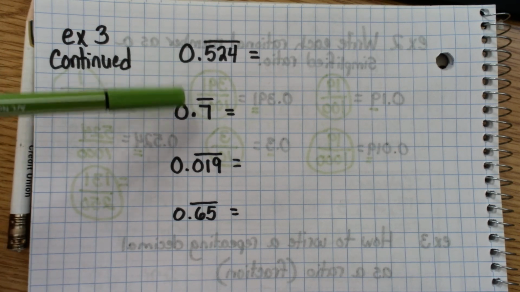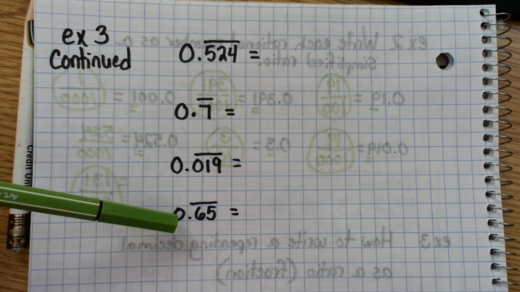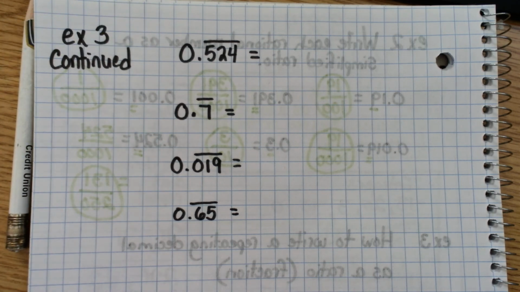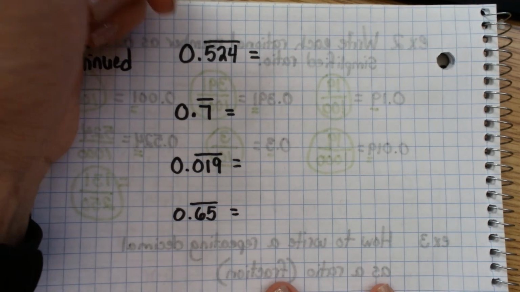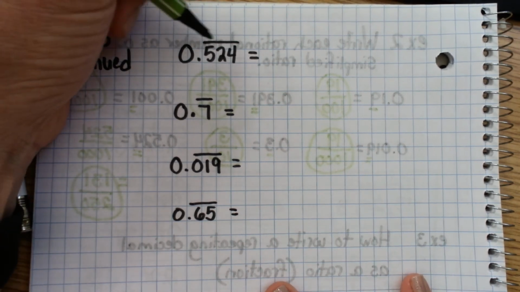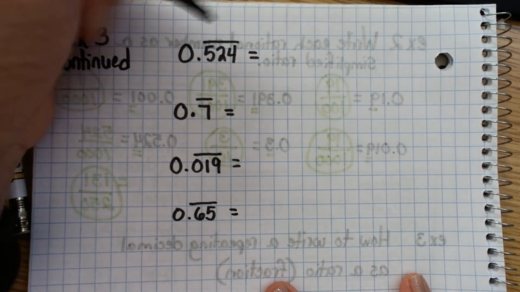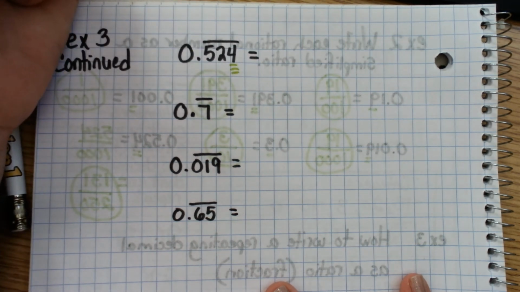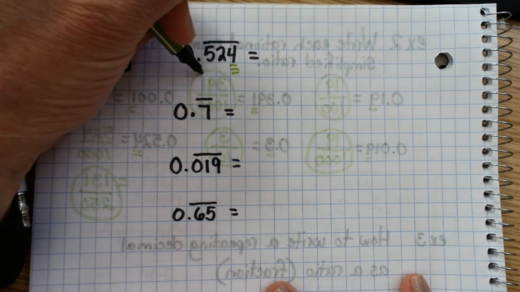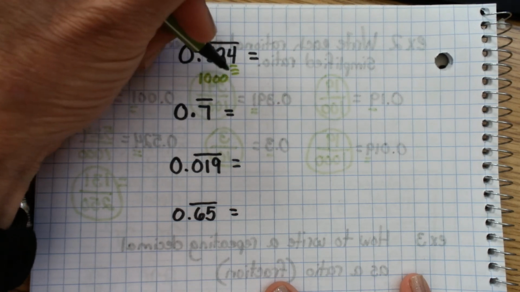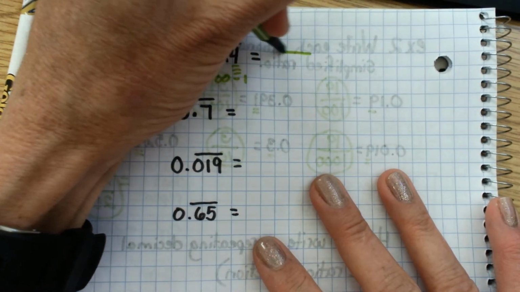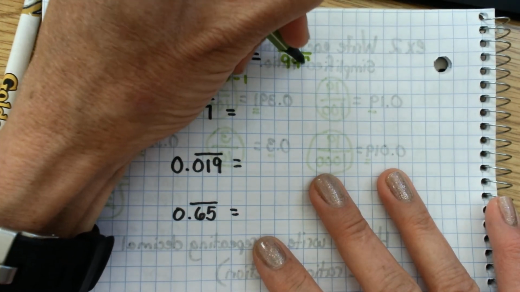Okay, let's continue on with example 3. We are being asked to write 4 different repeating decimals as ratios or fractions. So looking at this first one, we have 0.524 with the repeatant. So the last repeating number is in the thousandths place. So I subtract 1 from that. 1,000 take away 1 is 999.